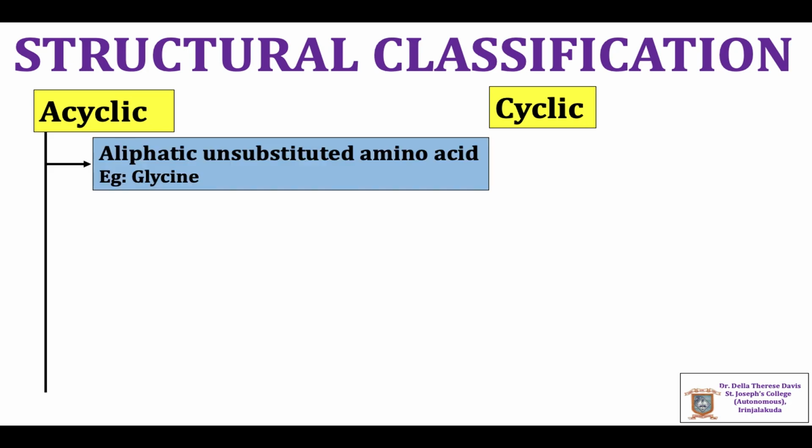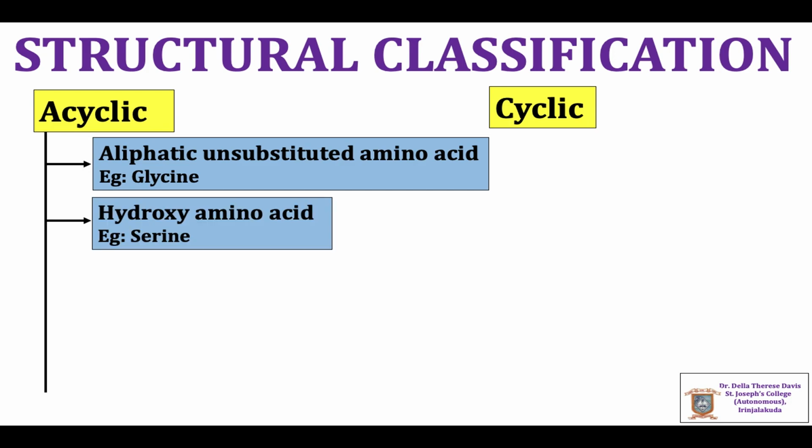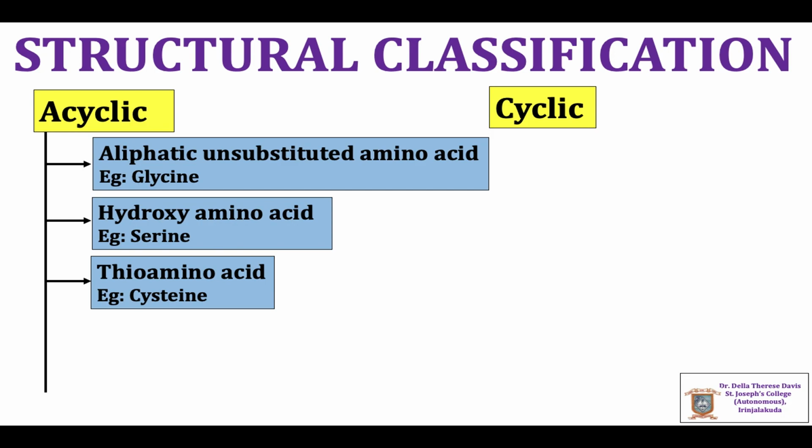First is aliphatic unsubstituted amino acid, example glycine. Next is hydroxy amino acid. The amino acid contains an OH group. Example is serine. Thioamino acid contains an SH group. Example cysteine.